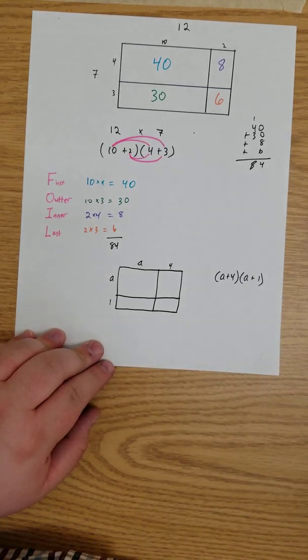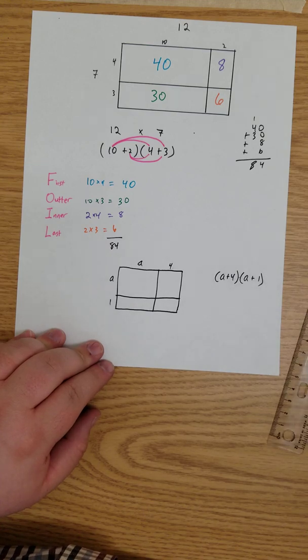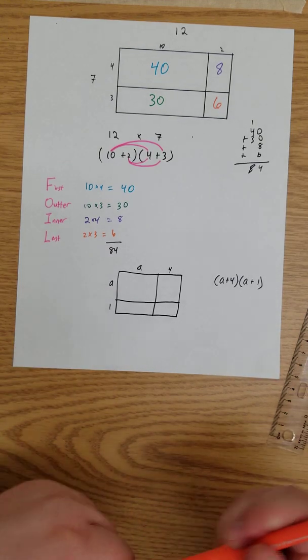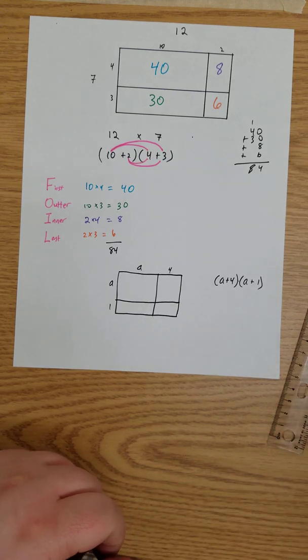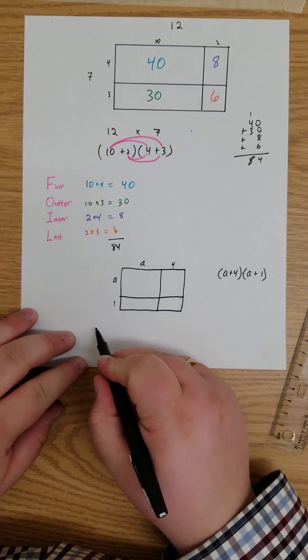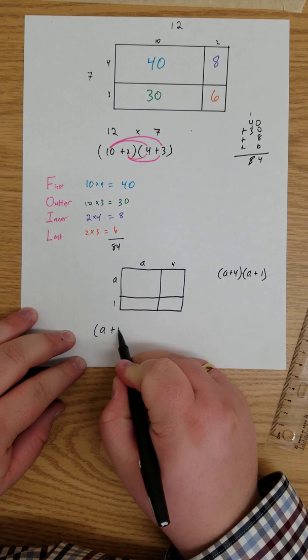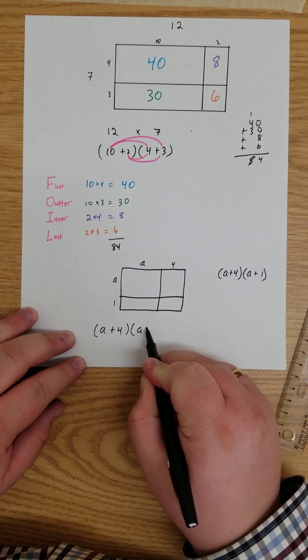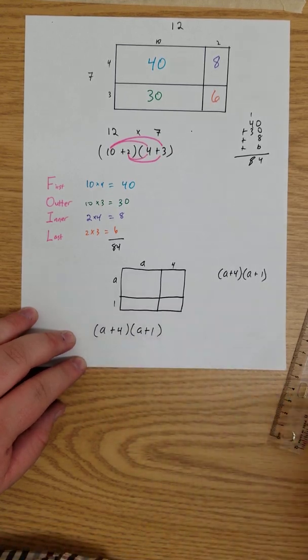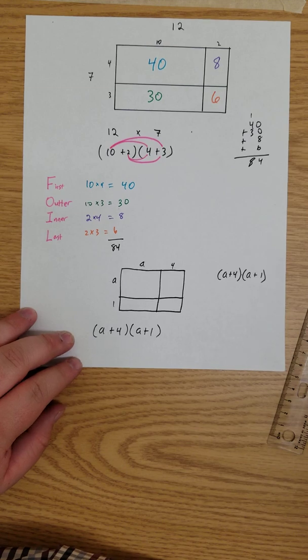So keeping with my color scheme, as best as I can manage, get all my colors out. I want to multiply a plus 4 times a plus 1. So I'm going to FOIL.